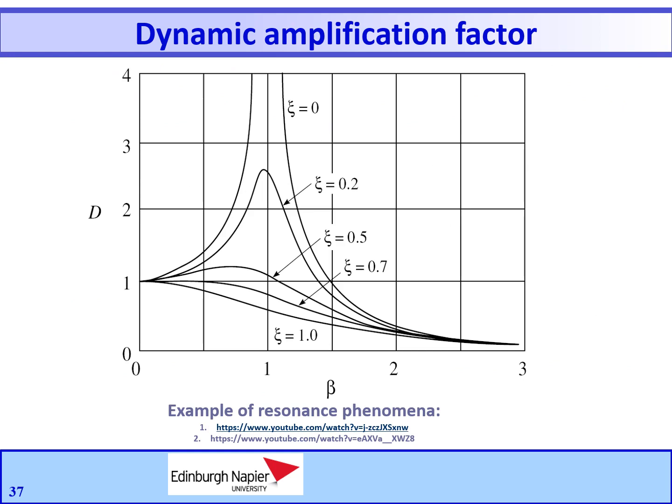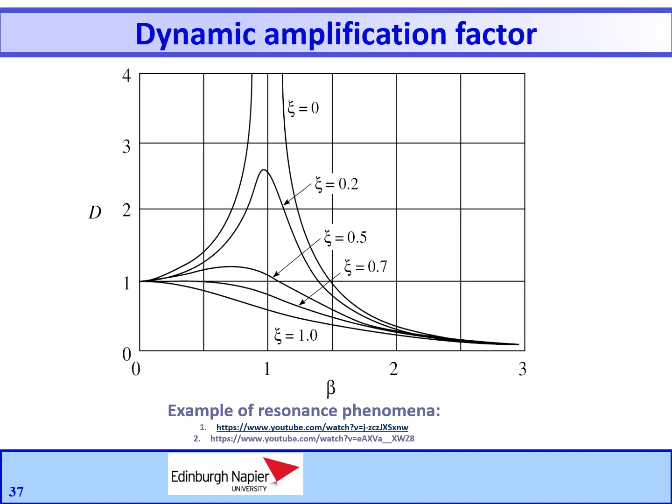If we are now to put this mathematical background into a more visualized context, we are plotting the dynamic response factor as a function of the ratio omega, the forcing frequency, over omega natural. So we have defined that as beta.